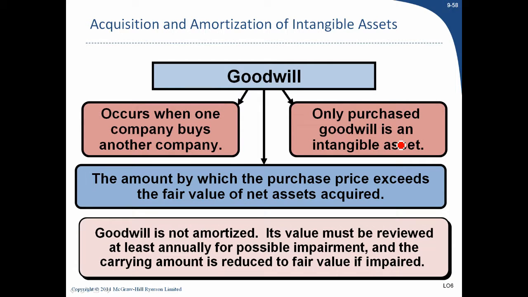Goodwill arises when one company buys another, and it represents an intangible asset. Goodwill is measured as the amount by which the purchase price exceeds the fair value of net assets acquired. What does that mean?